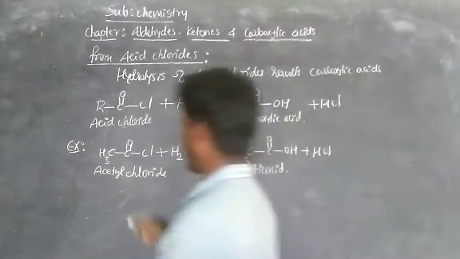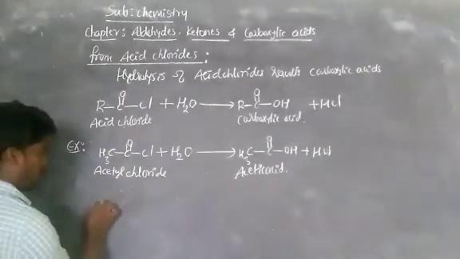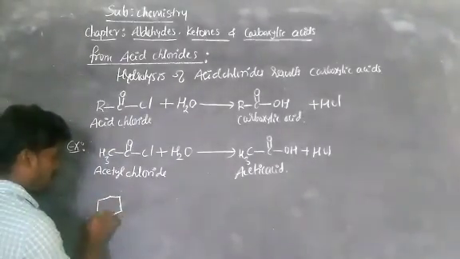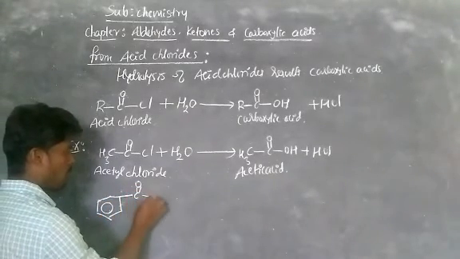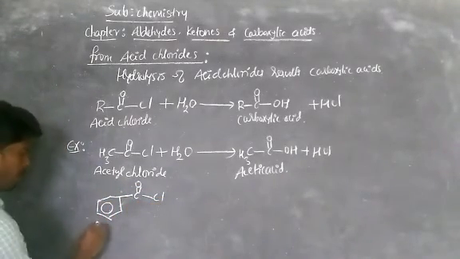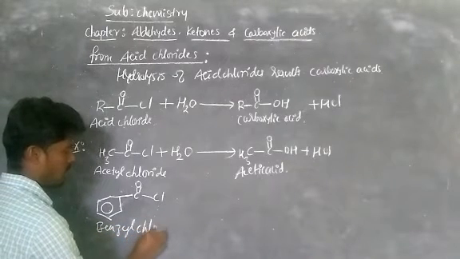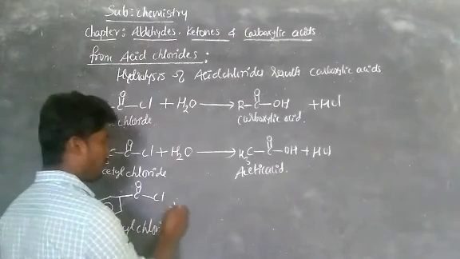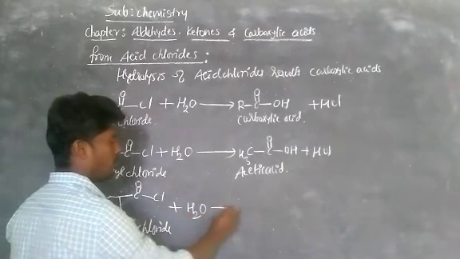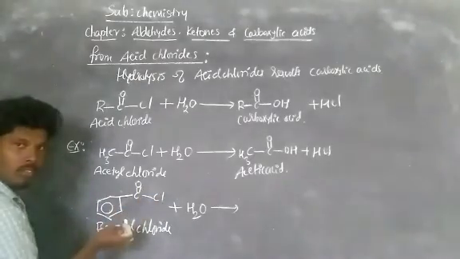Now similarly take one more example. Now take benzoyl chloride. Benzene means the benzene ring, bond C double bond O bond Cl. What is the name? Benzoyl chloride. This benzoyl chloride on hydrolyzing with water, the bond is cleaved.